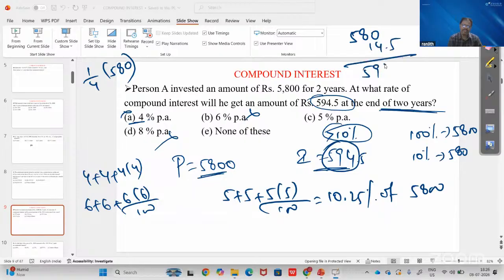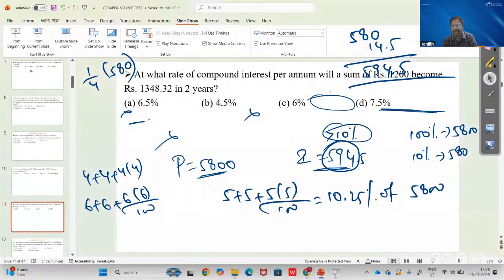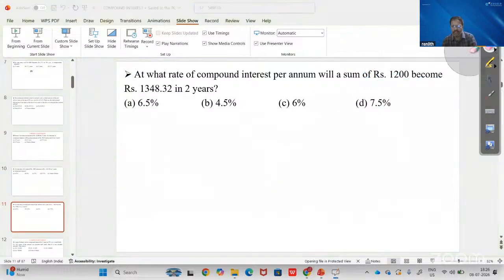So the answer equals 594.5. So at the end of 2 years, R equals 5 percentage per annum. So the amount is 594.5. Next question.